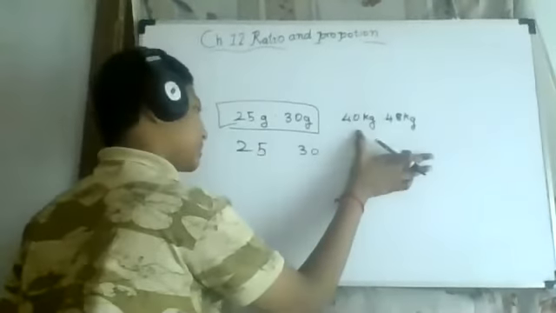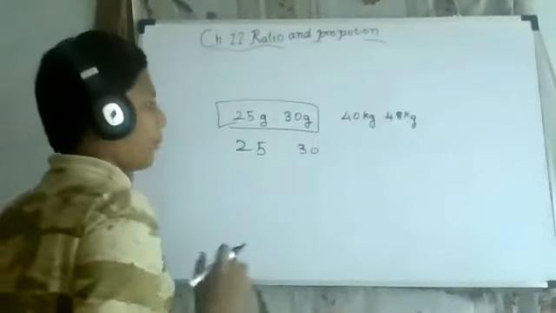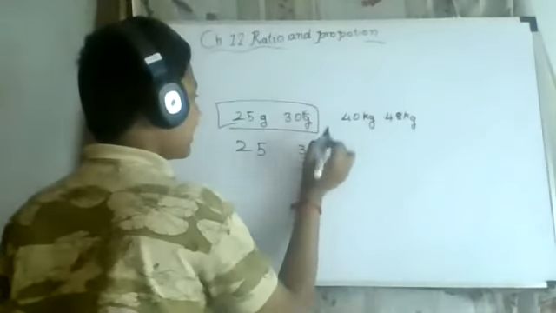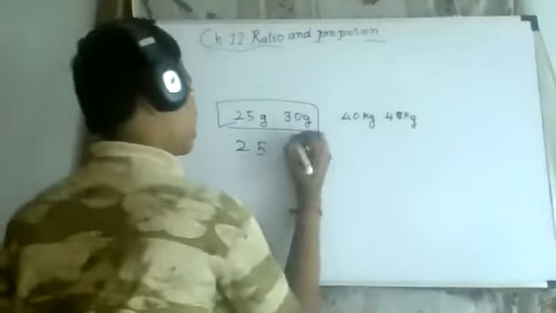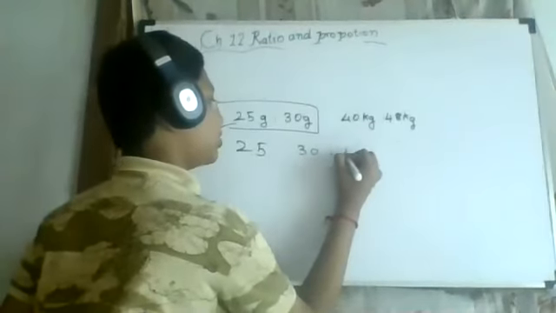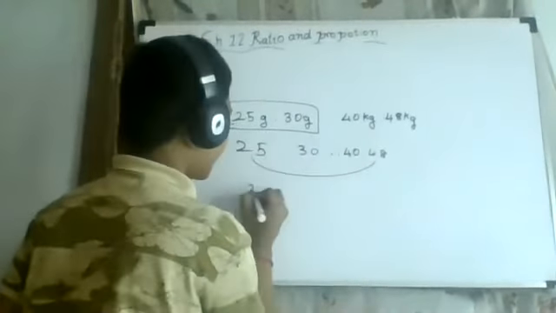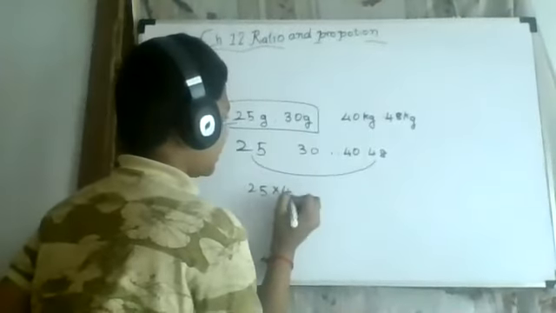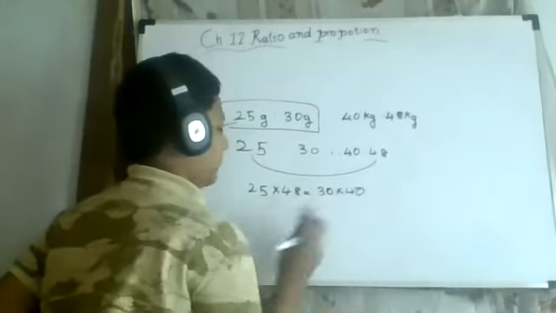In this ratio units are same, but these two ratios' units are not equal, also no problem. But if here there is kg, then we have to convert this to grams and simplify. 25 is to 30 as 40 is to 48. Multiply 25 into 48 is equal to 30 into 40.